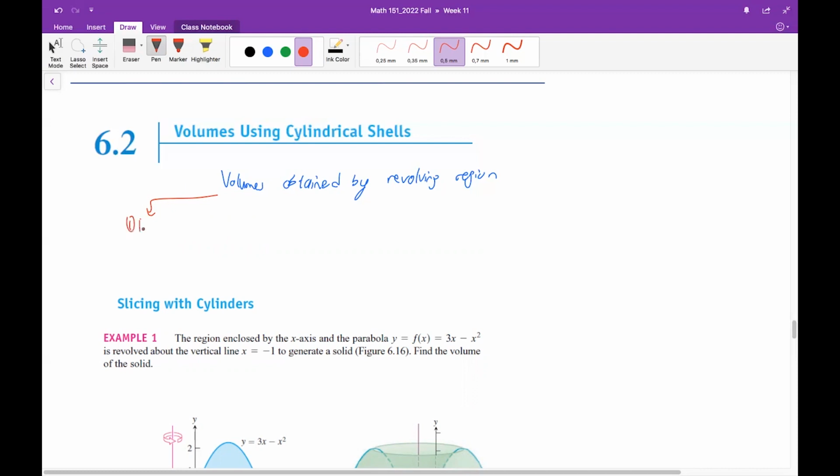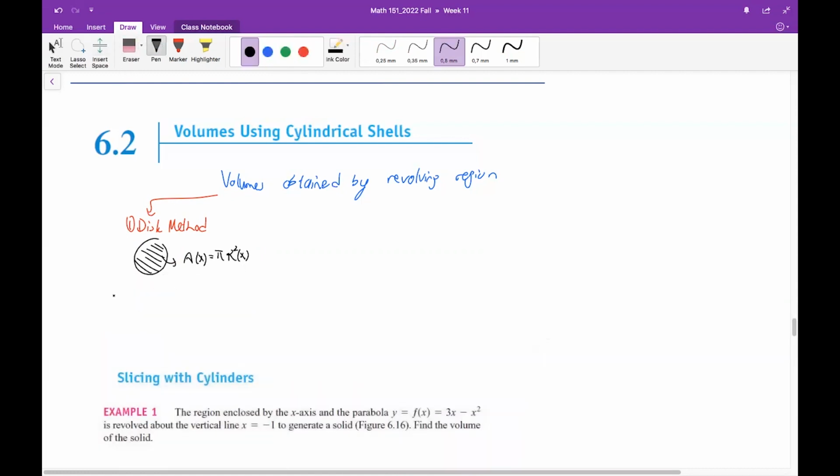The first method was the disk method, where we used full disks as the cross sections of our three-dimensional objects, and we use A of x, the area of the cross sections, as the area of these full disks, and then we integrate this A of x to obtain the volume, right? Or this can be done in terms of the y variable too. Everything can be written in terms of y too.